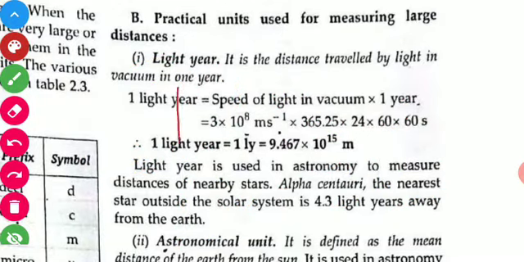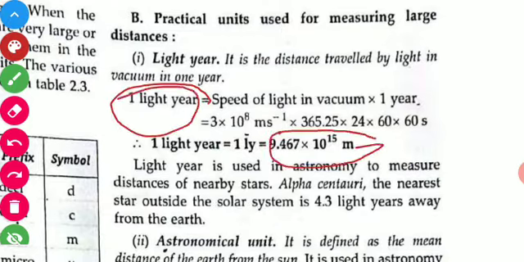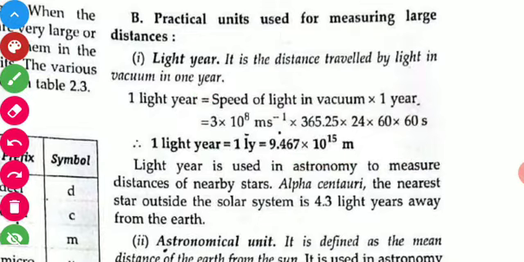In this way, in 1 year it will travel this much distance. So, light year is basically the distance traveled by light in 1 year.